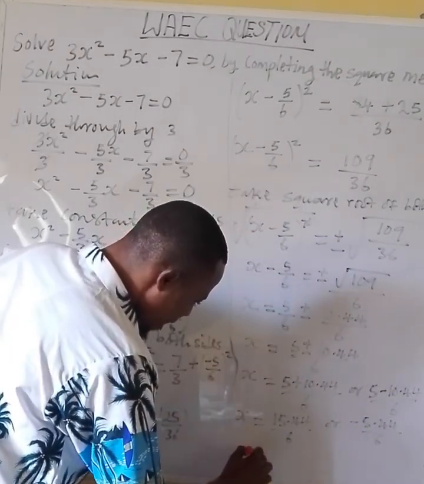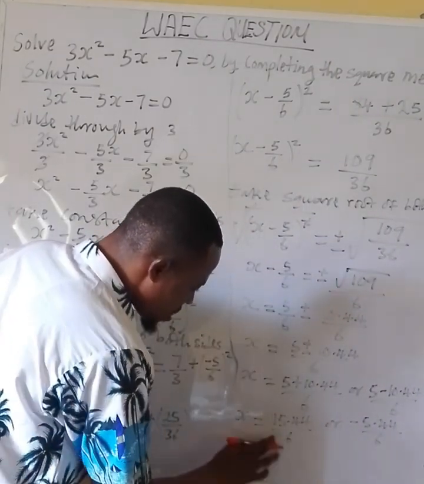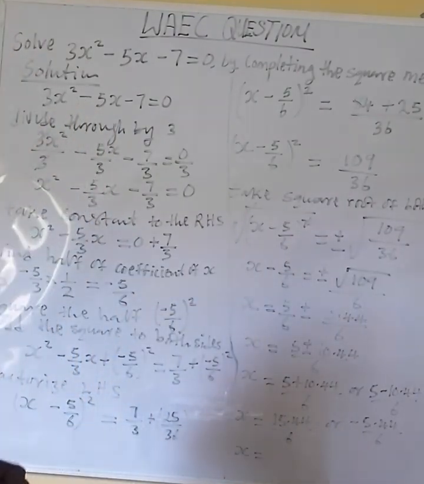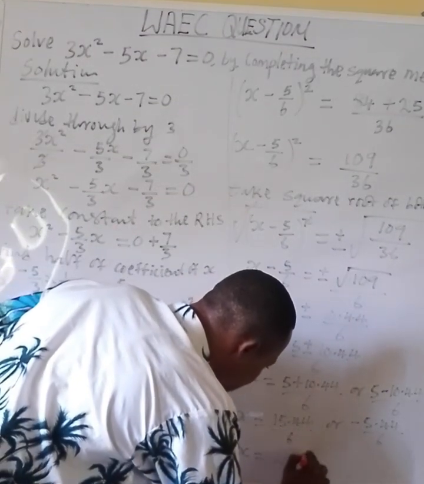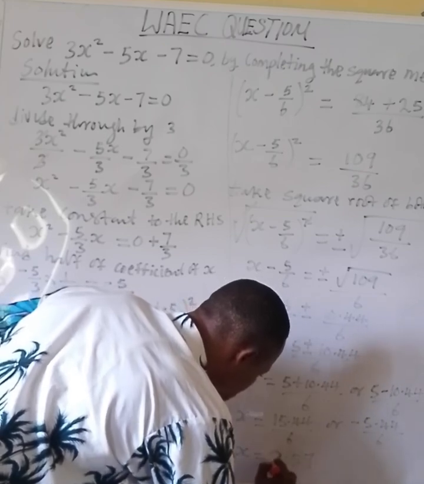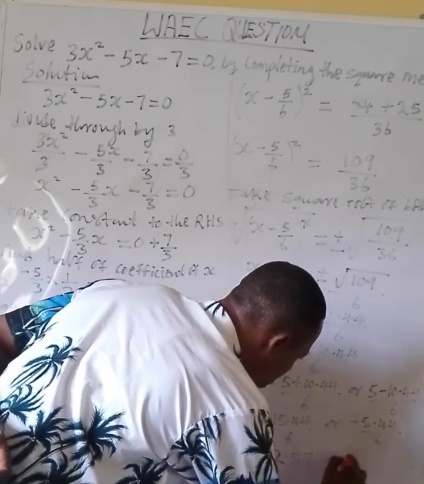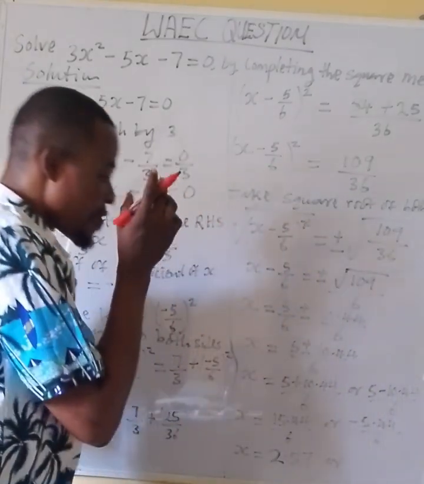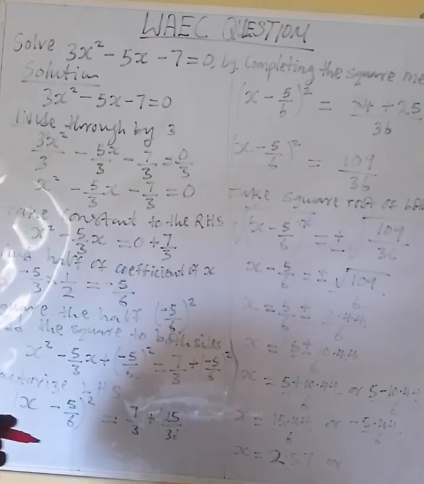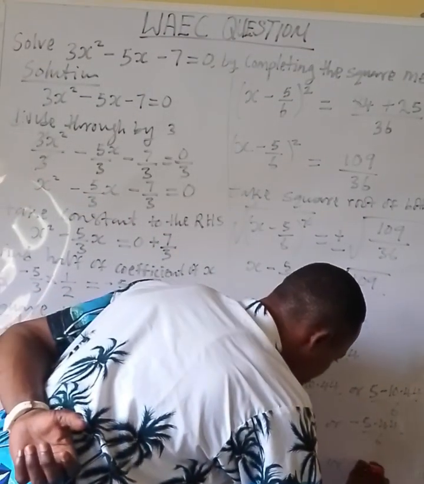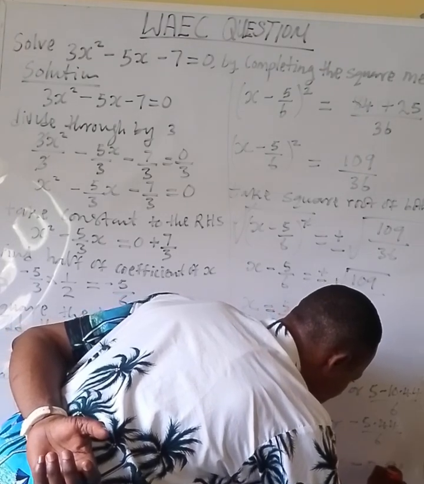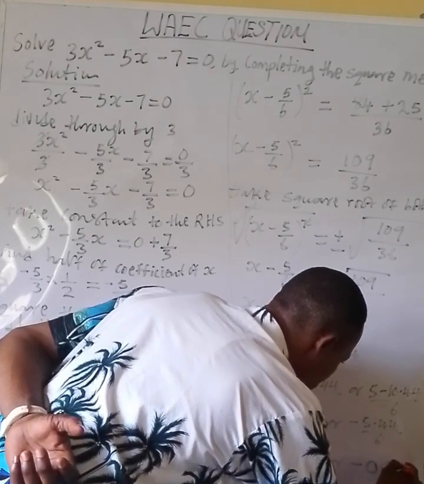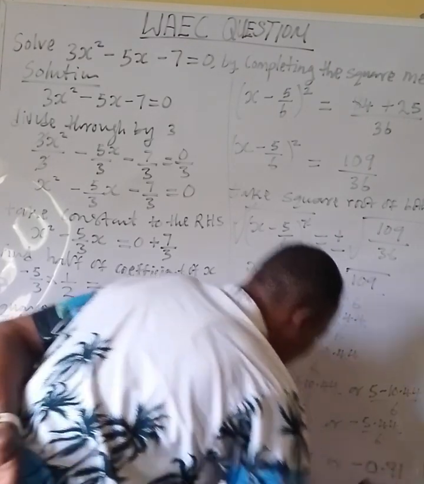When you divide it, x equals to, so now 15.44 divided by 6 will give us 2.57, or this one now minus 5.44 over 6 will give us minus 0.91. So that's the answer for our x.